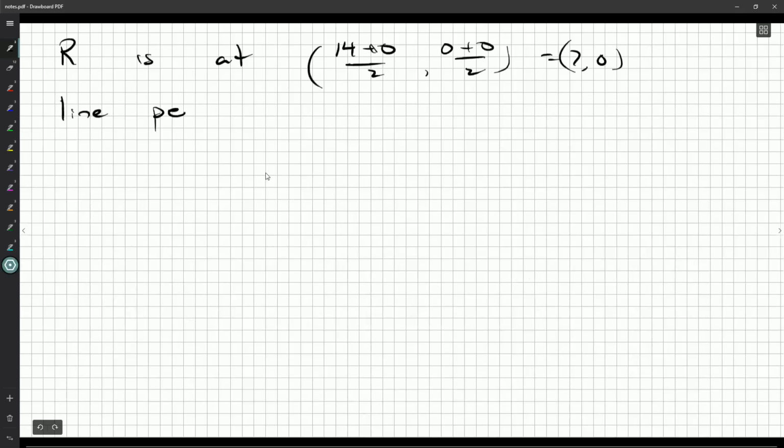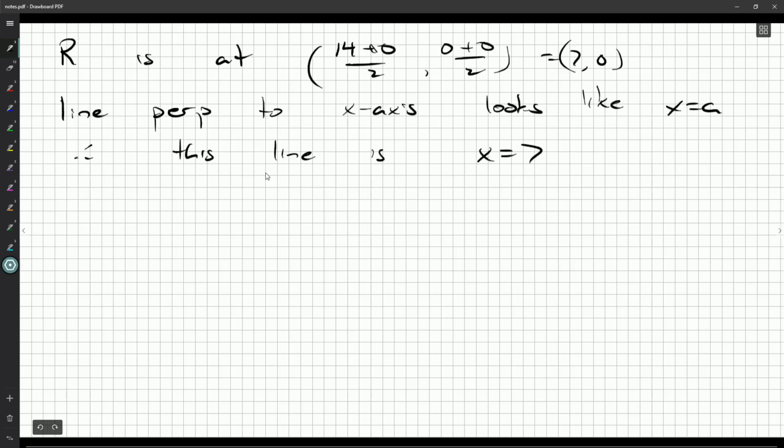A line perpendicular to the x-axis looks like x equals a constant. Therefore this line is x equals 7, because R needs to be on that line and it needs to be perpendicular to BC. And just remember that BC is part of the x-axis.